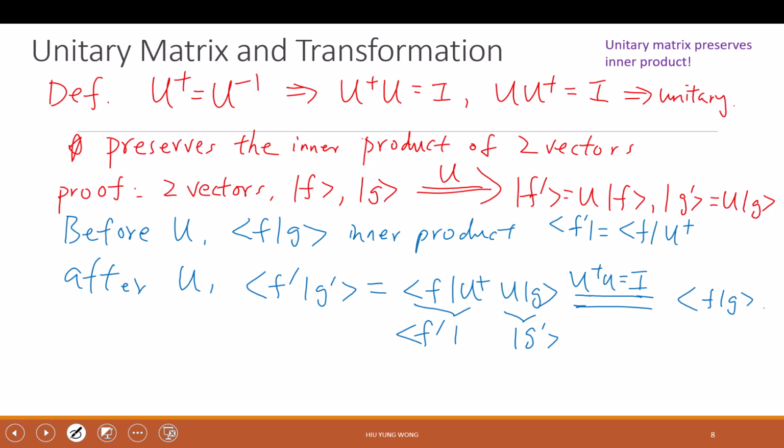So this is equal to FG. So the inner product is unchanged after unitary transformation.